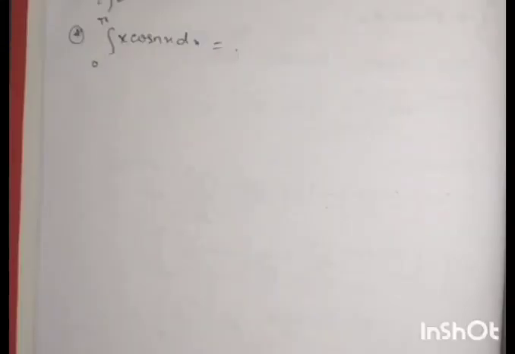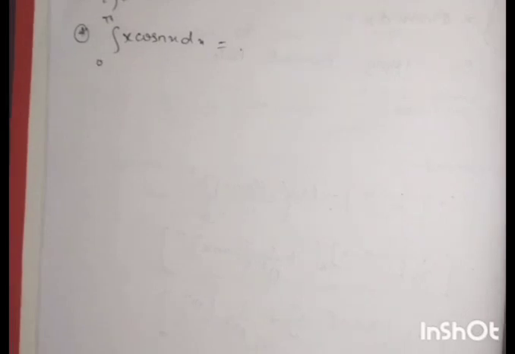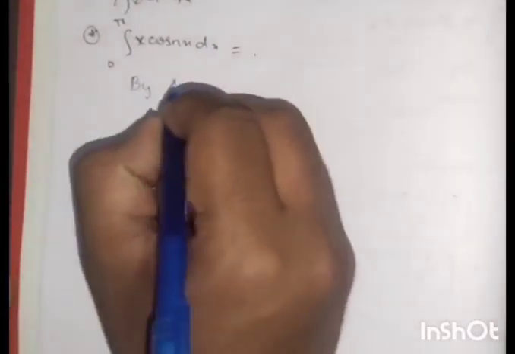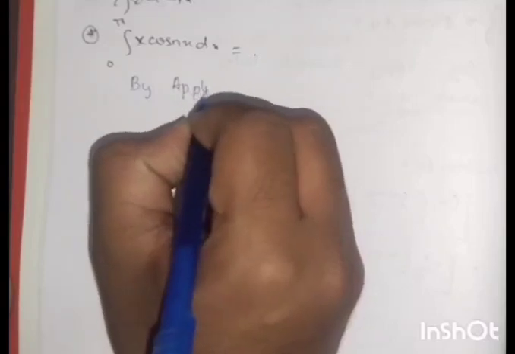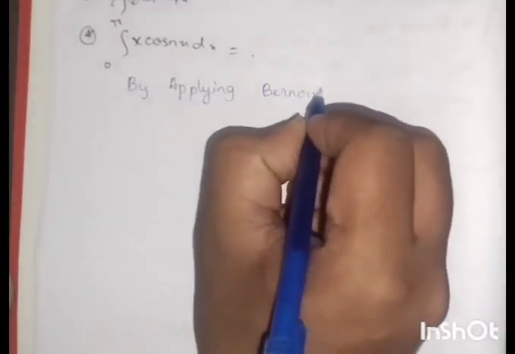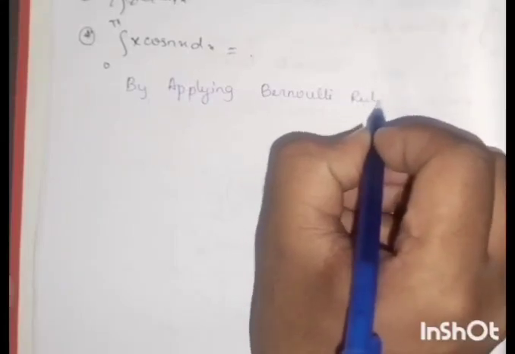So here is another problem to solve the integration using Bernoulli rule of integration. Here the question is integration of x cos nx dx. Limits are 0 to pi. It is similar to the previous problem. Let us solve it by applying Bernoulli's rule.